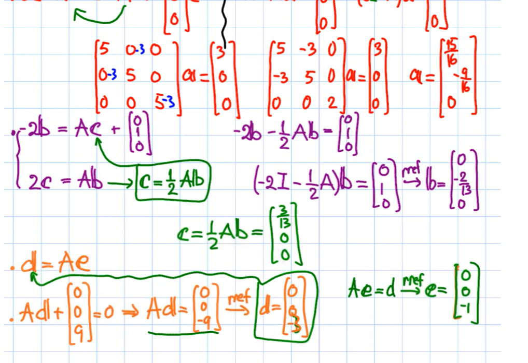We should have D as 0, 0, -3. And then substituting back in, we have E is 0, 0, -1.